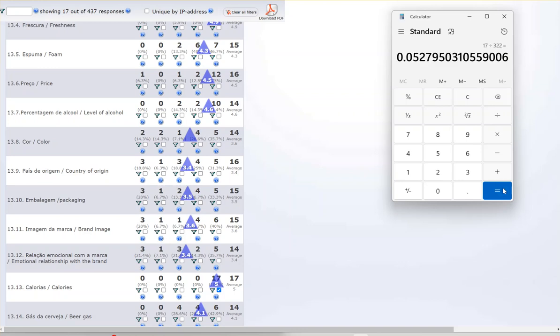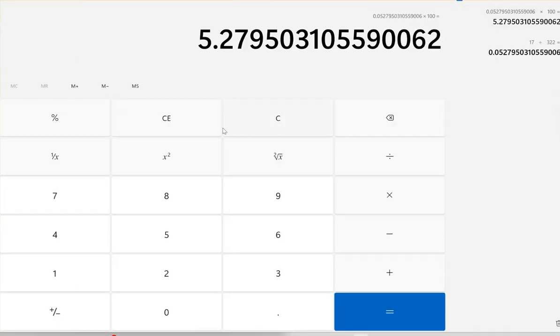So this means that our segment in this sample is about 5% of our total sample. So 5%. We know, and we have said this several times, these surveys are not probabilistic, and therefore we cannot extrapolate data for the entire population.